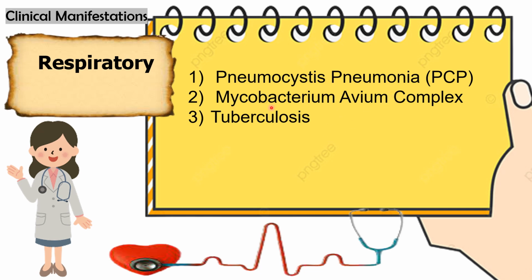Also, the patient may have Mycobacterium avium complex, which is a common opportunistic infection that typically occurs in the patient with CD4 plus T lymphocyte counts less than 50 cells per cubic millimeter in blood. Or the patient may have tuberculosis or TB disease that can occur at any CD4 plus T lymphocyte count, although the risk increases with progressive immune deficiency.